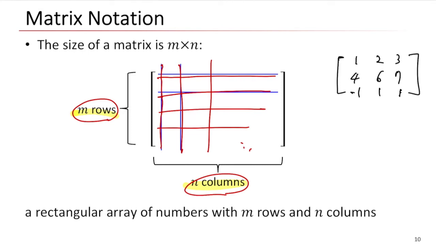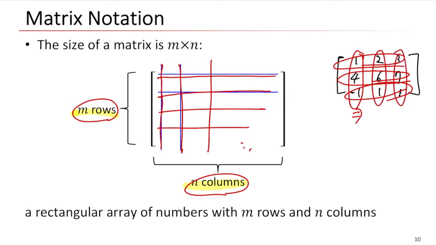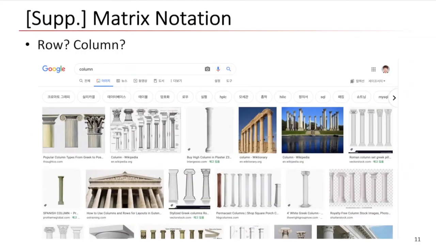What is the size of this matrix? Because there are 1, 2, 3 rows and there are 3 columns like this. So the size of this matrix should be 3 by 3. Okay, so this is the size of the matrix.